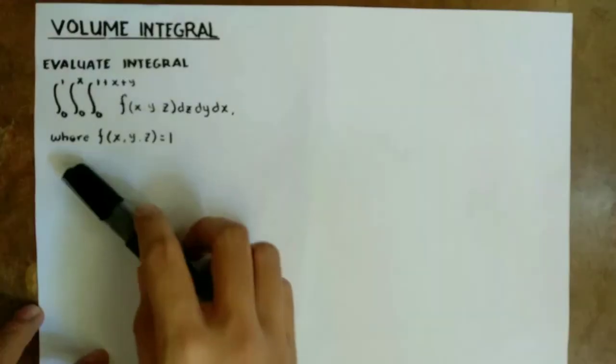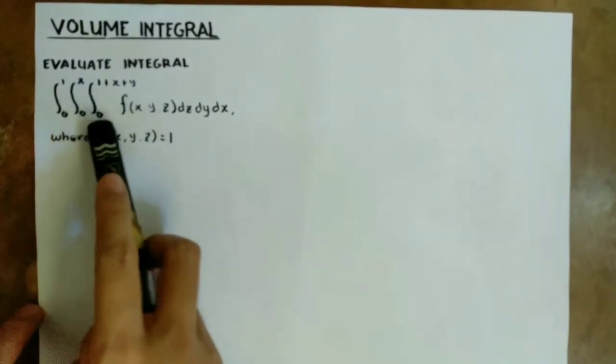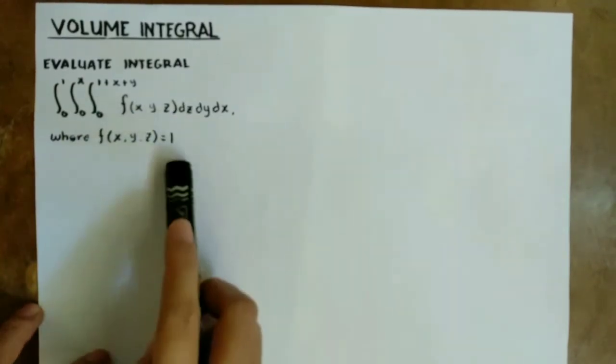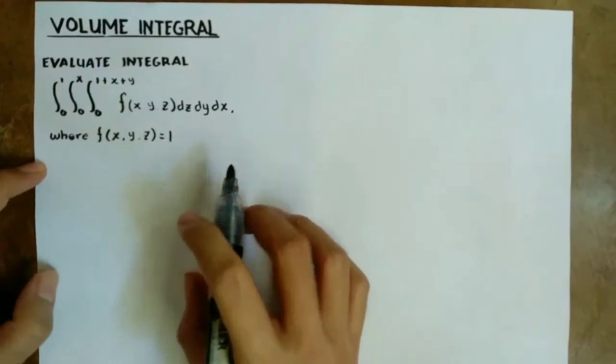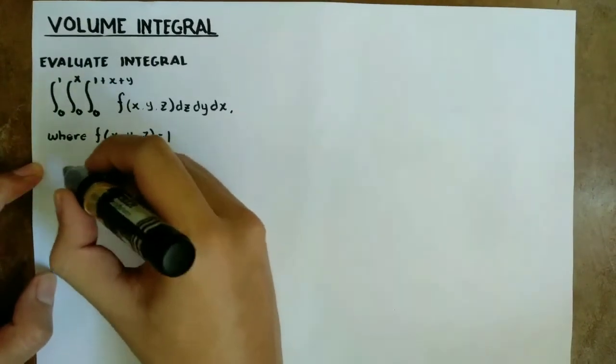First example. Evaluate the given triple integral with outer integral limits of 0 to 1, middle limits 0 to x, and inner limits 0 to 1 plus x plus y, where f of x, y, z is equal to 1. Now let's substitute the given.